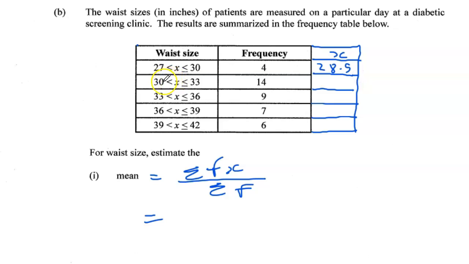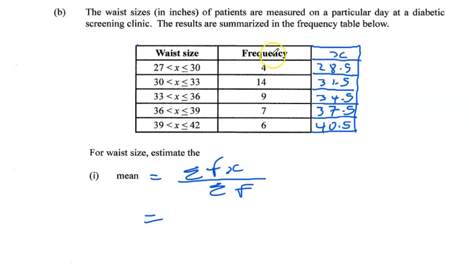Add these two values, 30 and 33, that's 63 divided by 2, 31.5. 33 and 36, that's 69 divided by 2, that's 34.5. 36 and 39, that's 75 divided by 2, that's 37.5. And 39 and 42, that's 81 divided by 2, that's 40.5. So these are mid-intervals, what we call x in the formula.